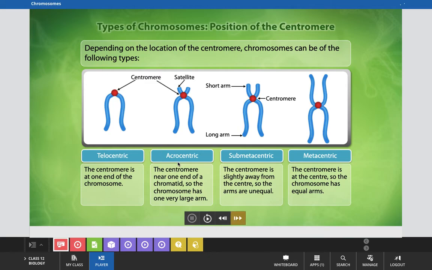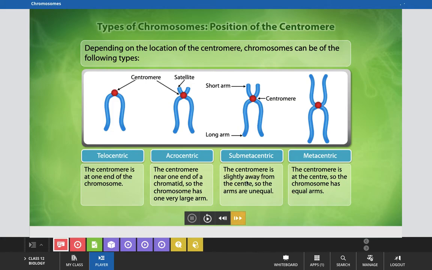In acrocentric, the centromere is near one end of the chromatid, so that one arm is shorter and the other arm becomes the larger arm. Here the position of the centromere is a little towards the middle side, and that is known as submetacentric.